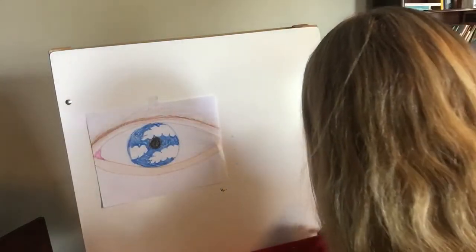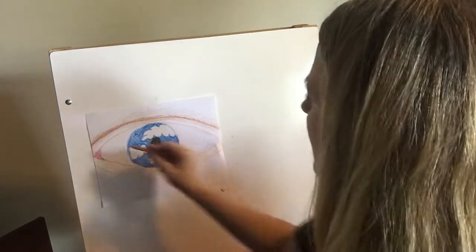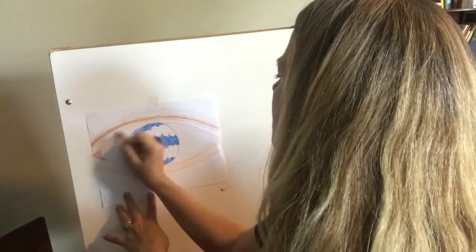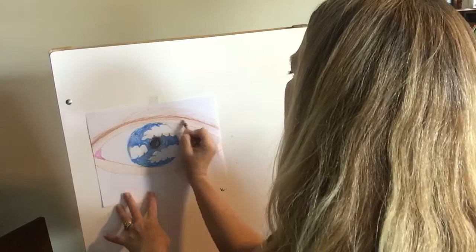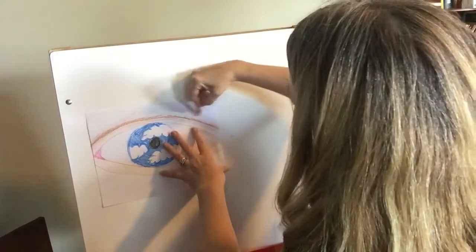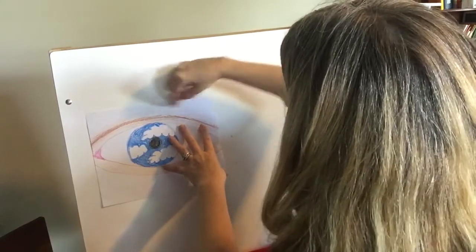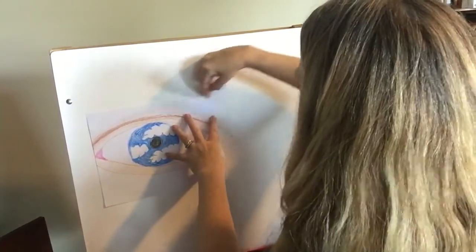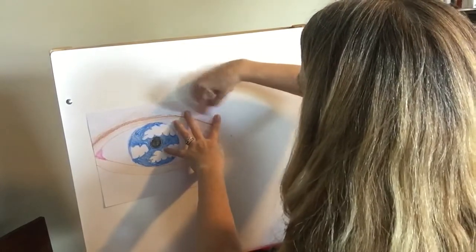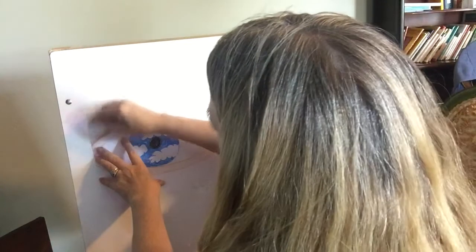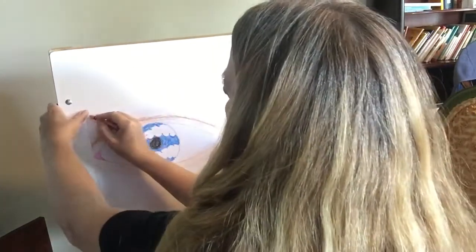Okay, so I'm going to add a little bit of a lighter color as it gets closer to my eyeball. And I'm going to finish coloring the skin up here. And I'm going to finish coloring the skin over here.